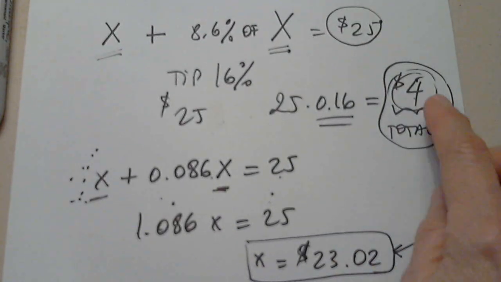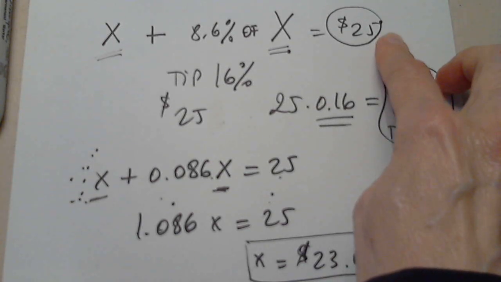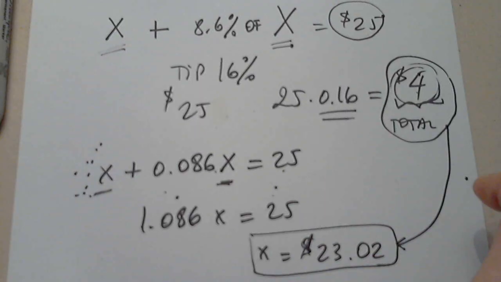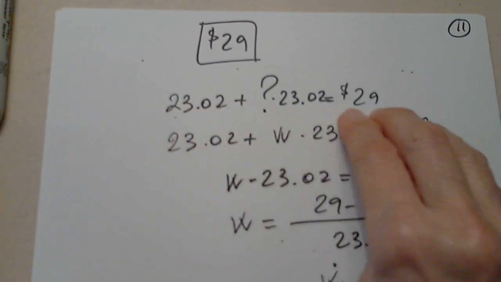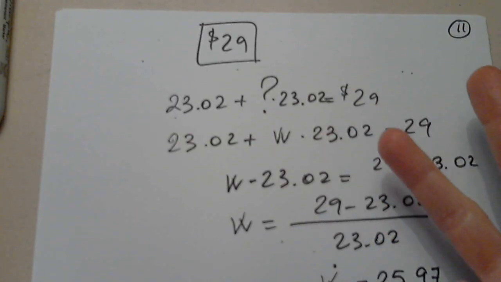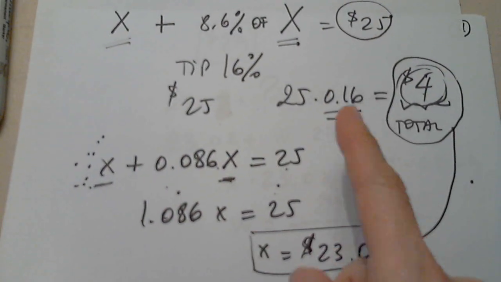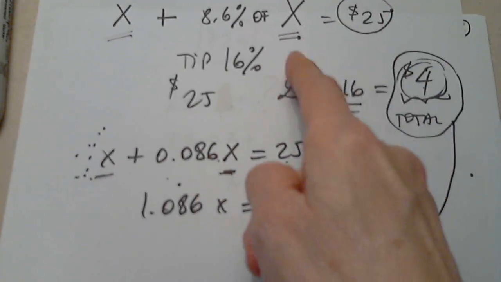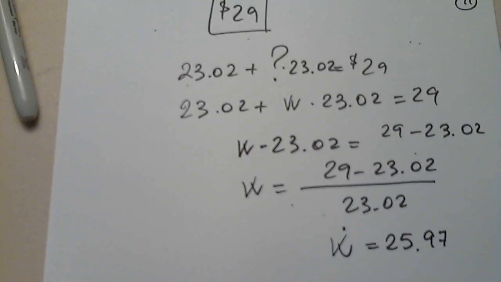But first I had to find the add-on. Then I had to add it to the original. I also had to determine the original price of the sandwich. And then write another equation, which is basically the third one. So there are 3 equations in this problem.